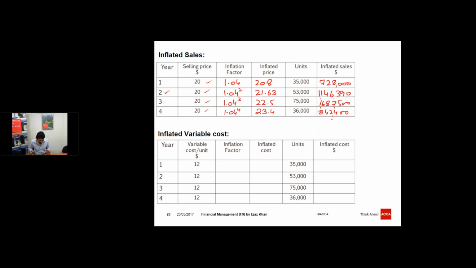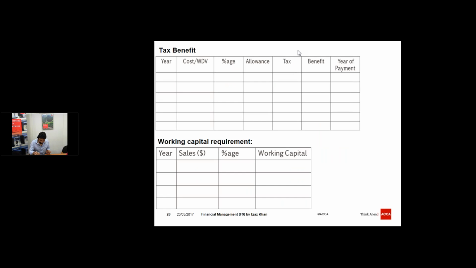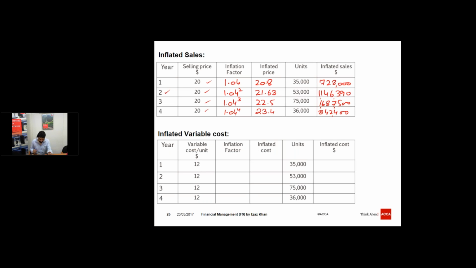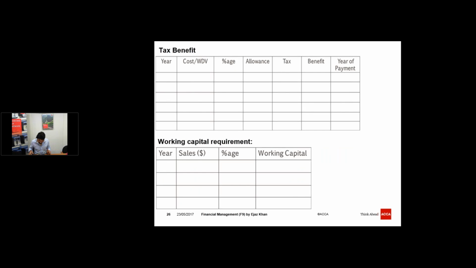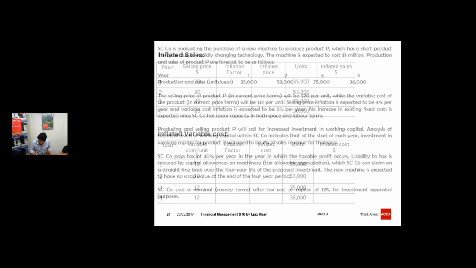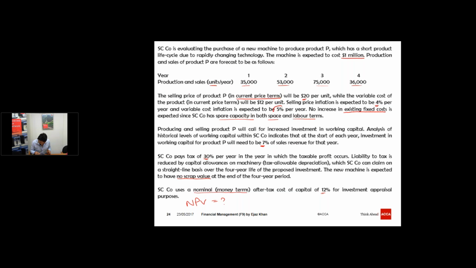Now we'll move towards calculating the variable cost. The variable cost mentioned in the question is $12, and it will start increasing by, just check, the inflation rate for variable cost is 5%. Remember, it's 5% for variable cost.